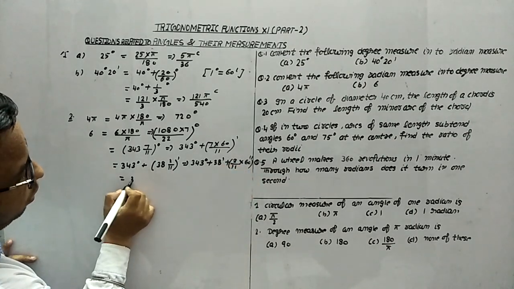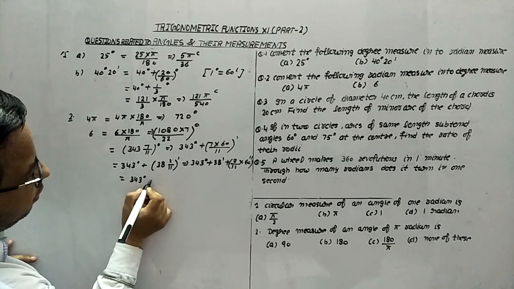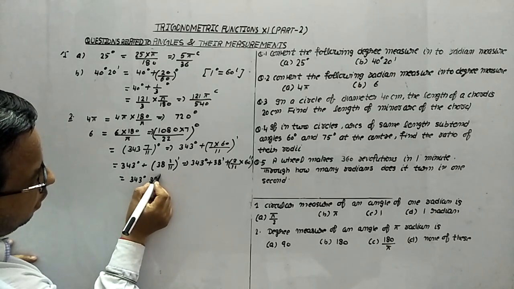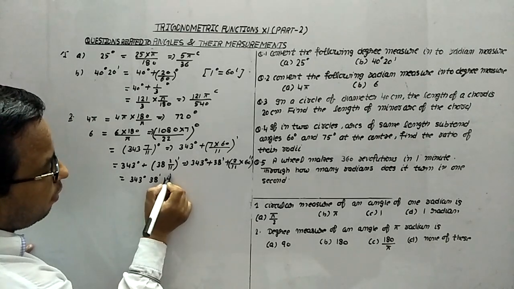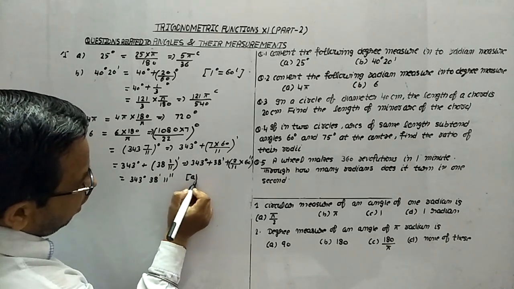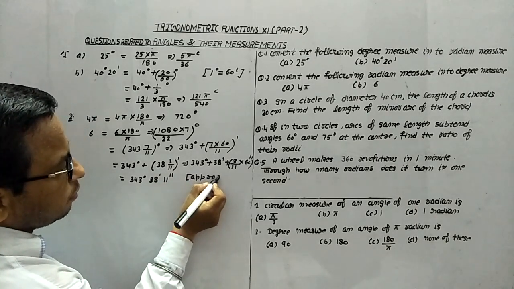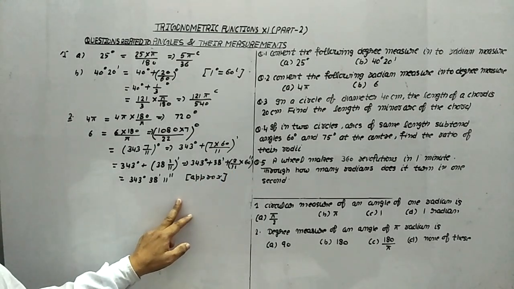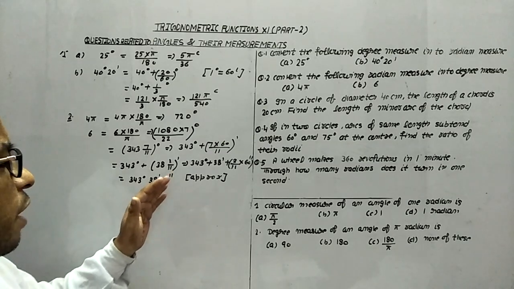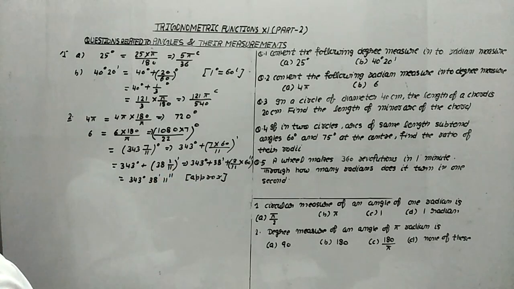Once you do the calculation, you will get 343 degrees 38 minutes, and then 11 seconds, which is approximate. Reason, on dividing you will get 10.9 like that. So directly we will write down 11 seconds.